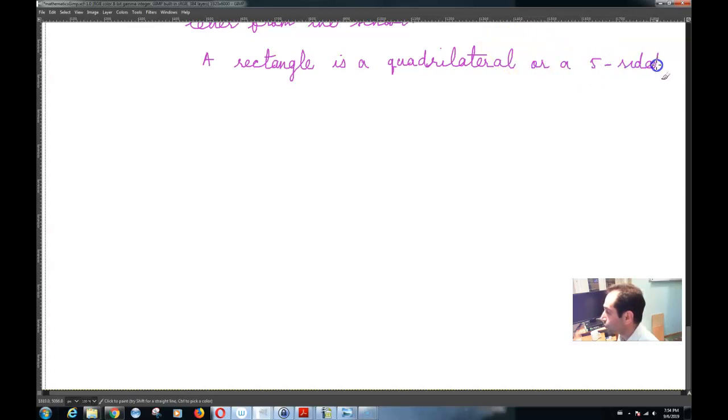Now the next question here is: a rectangle is a quadrilateral or a five-sided polygon.